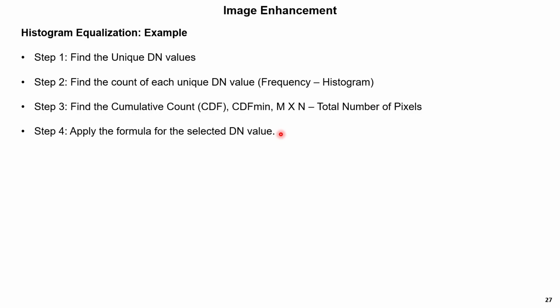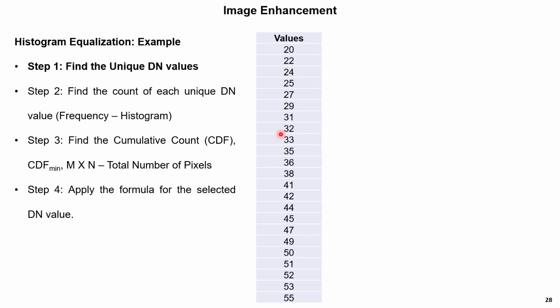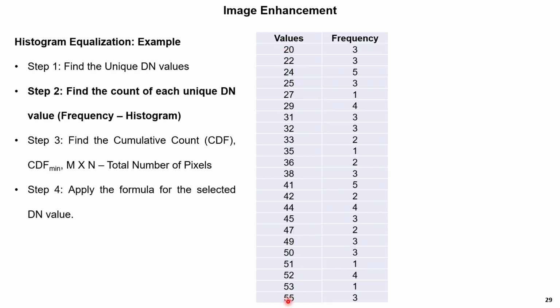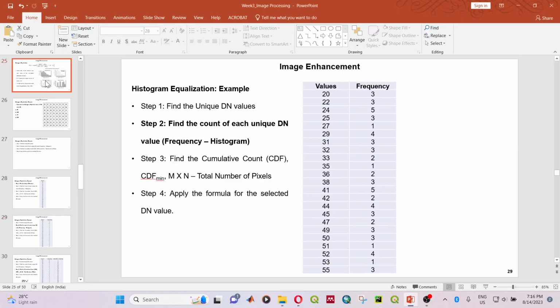Okay, just to ease the calculation, I have found out the histogram count. These are the unique values, and this is the count. I'll put up the formula in this slide so that you can calculate.